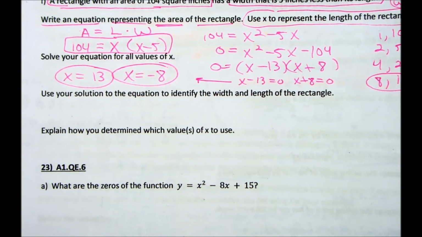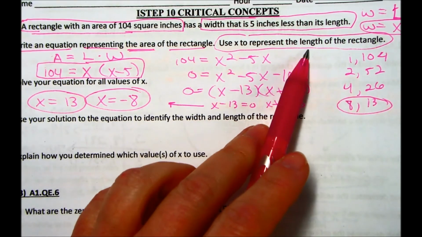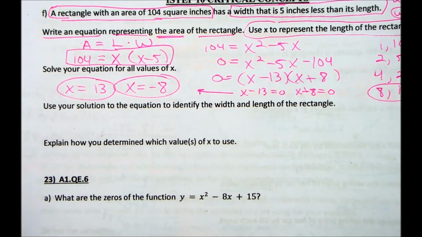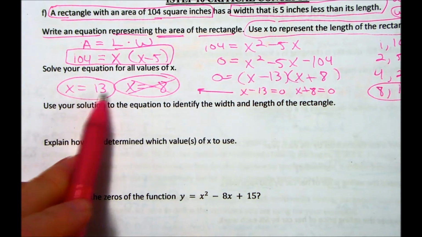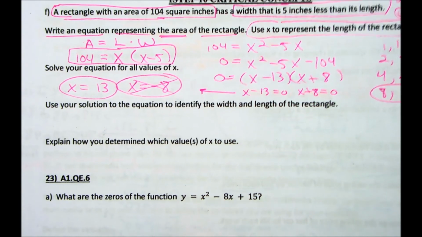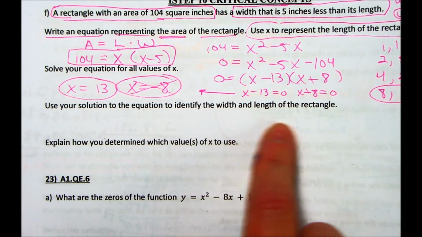However, think about what the context is. What does x represent? x represents the length of a rectangle. So can a length be negative? No. So we're going to eliminate that choice. So logically, x can only be 13, or the length can only be 13. So use your solution to the equation to identify the width and length of the rectangle.